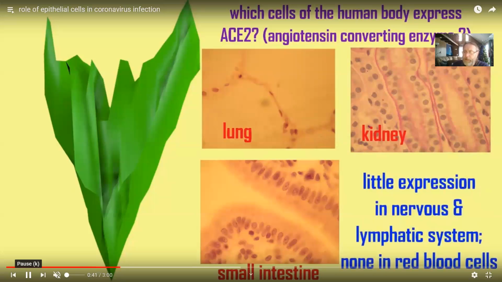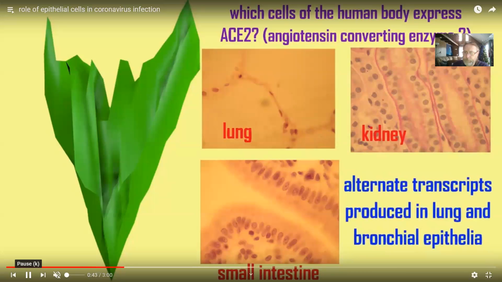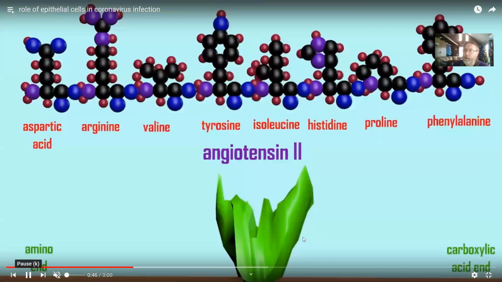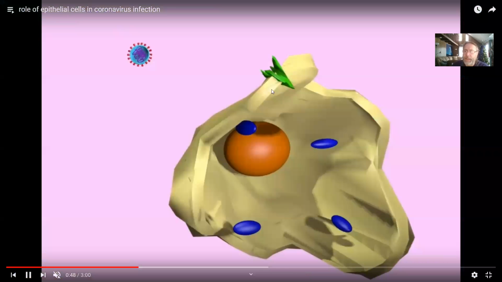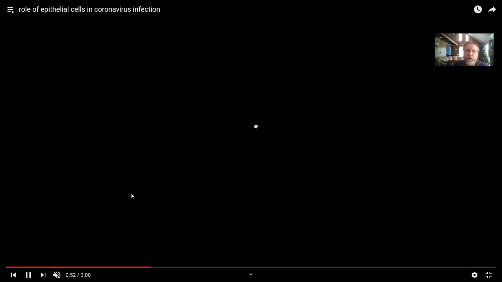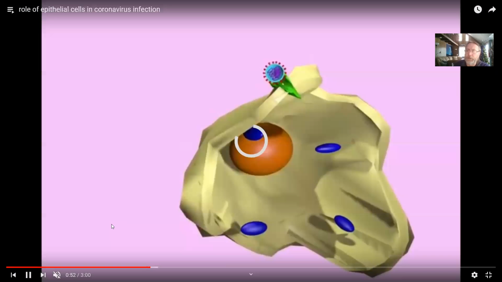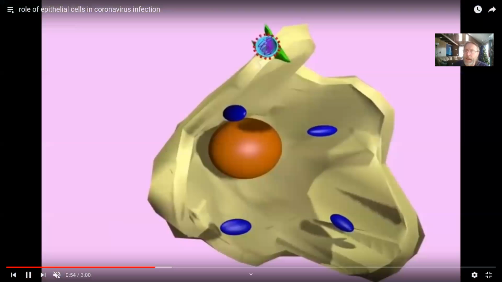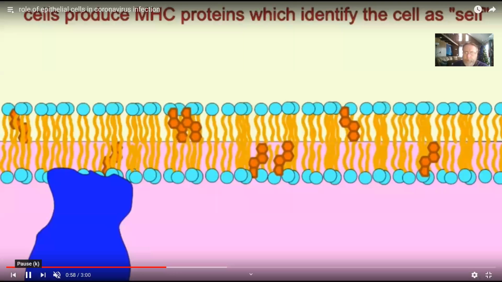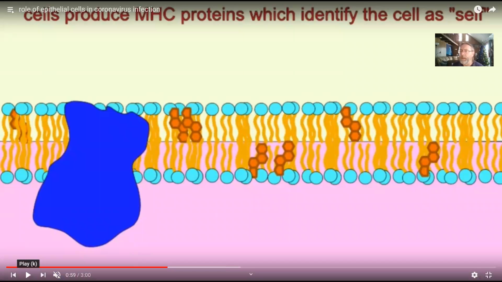But let's just discuss then what would happen inside a cell, which makes this ACE receptor. The virus spike proteins would attach to the receptor, and this would allow the virus to enter the cell. And I go into this in greater detail in the other playlist.